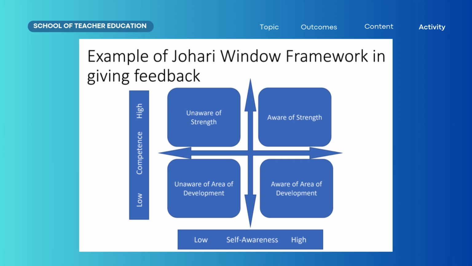However, if the student is not that competent but has high self-awareness, the awareness for the area of development is also high. Now, we do not want to see the window in which we have low self-awareness and low competence, because it means that the student is sometimes disengaged in our class.